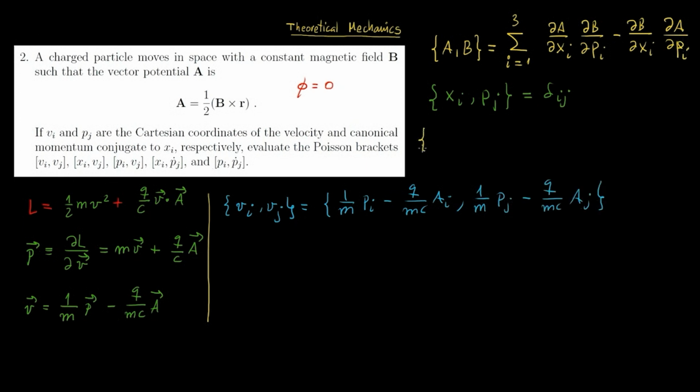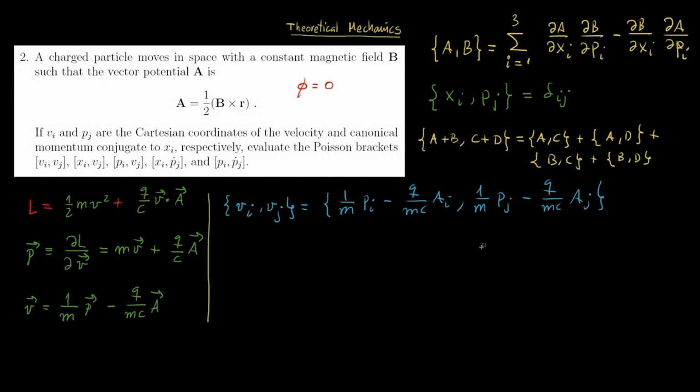There is also a nice property. If you have (a plus b) and (c plus d), the Poisson brackets fulfill this property: this is equal to {a,c} plus {a,d} plus {b,c} plus {b,d}.